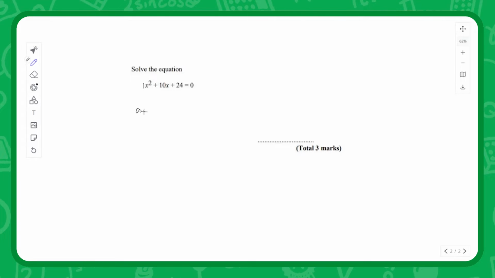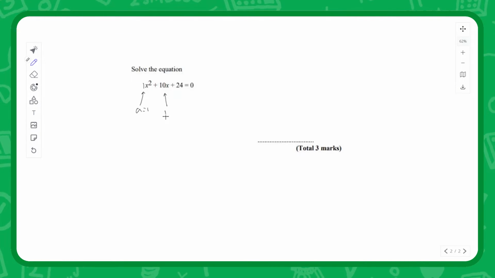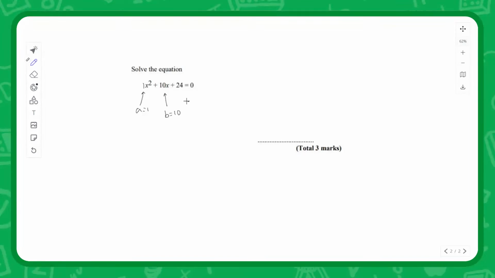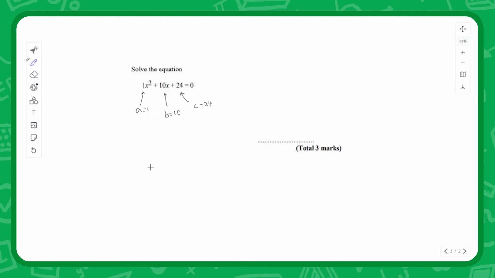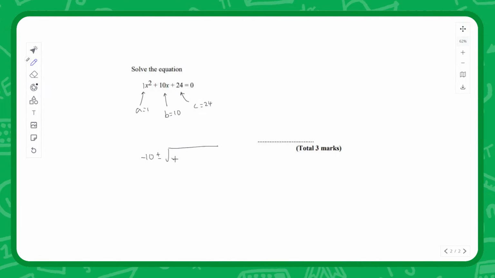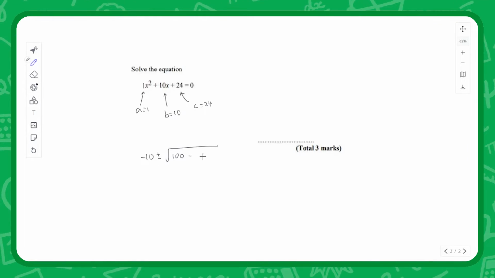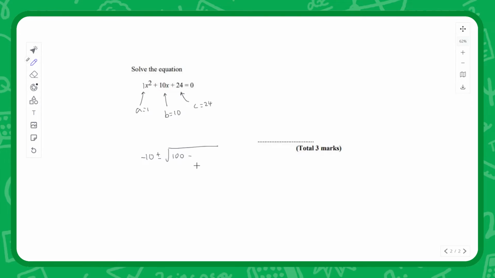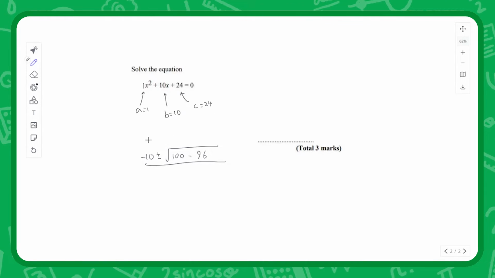So in this case, a is going to be 1, b is going to be 10, and c is going to be 24. And so I do minus 10 plus or minus the square root of 10 squared, which is 100, minus 4 times a times c, which is going to be 96, all divided by 2a, so 2 times 1.